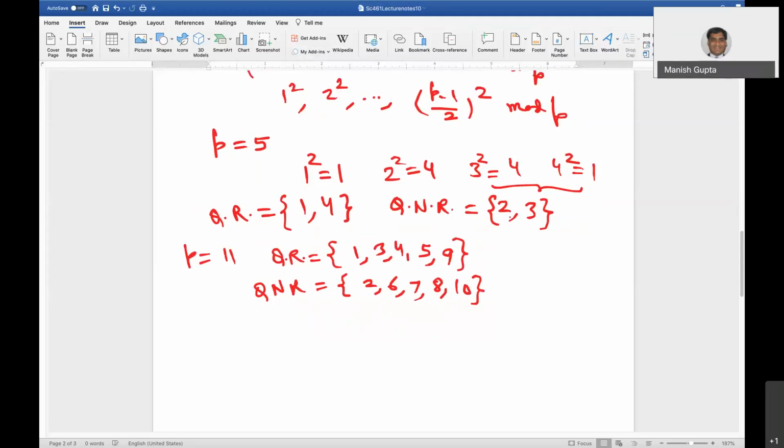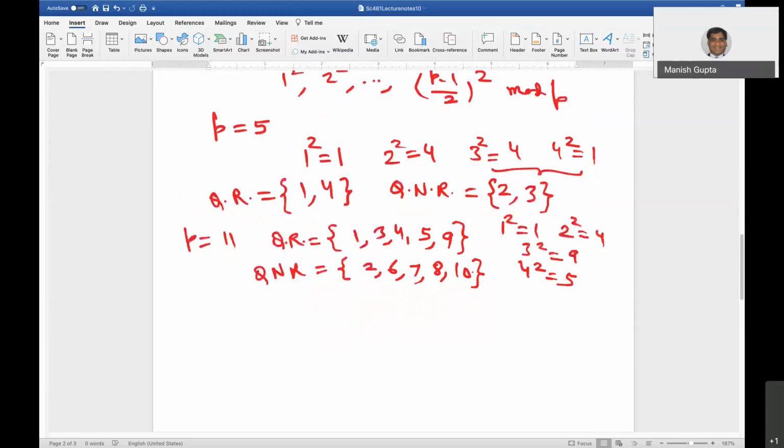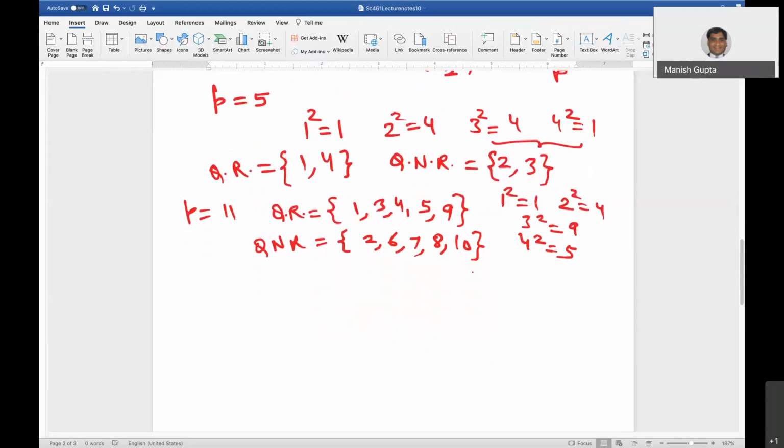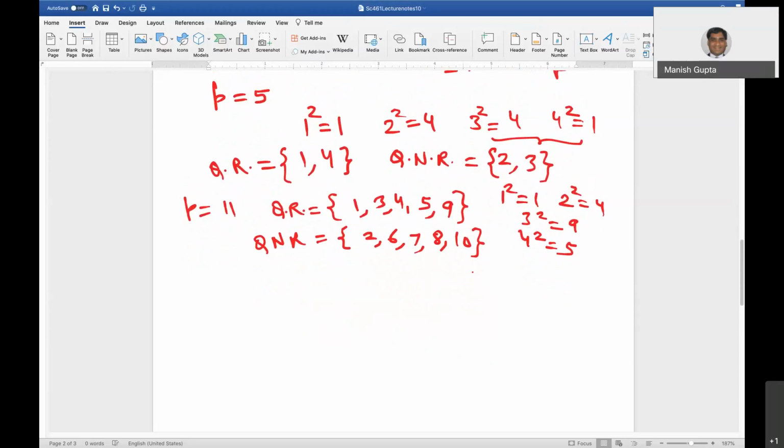So this is true because you can compute the square and see, 1 square is 1, 2 square is 4, 3 square is 9, 4 square is 5, modulo 11. Everything we are doing modulo 11, right? So we get 1, 3, 4, 5, 9. Okay. 5 square will be 3 actually.